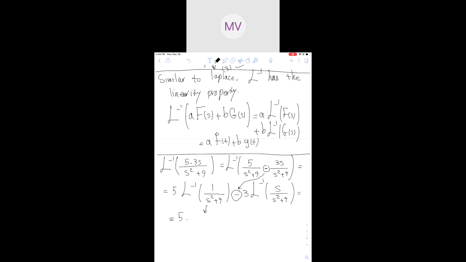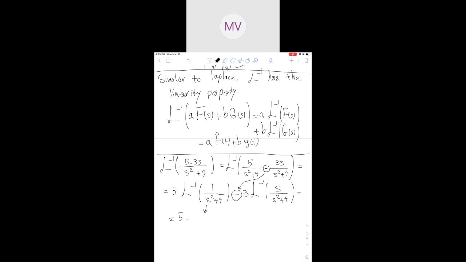What function is that one giving you? Be careful. Close. Close. It's some scalar of that function.